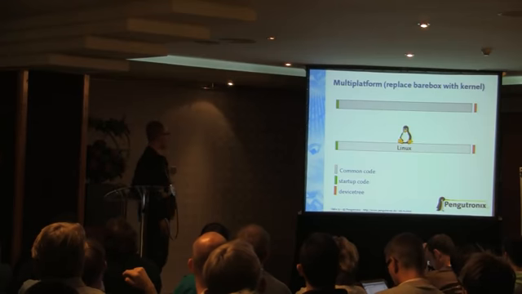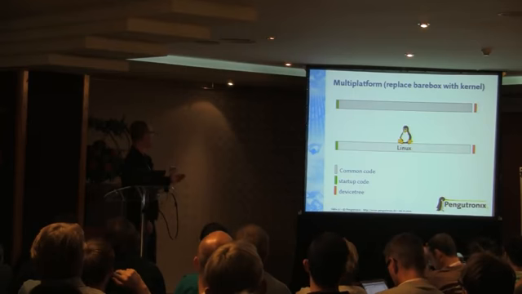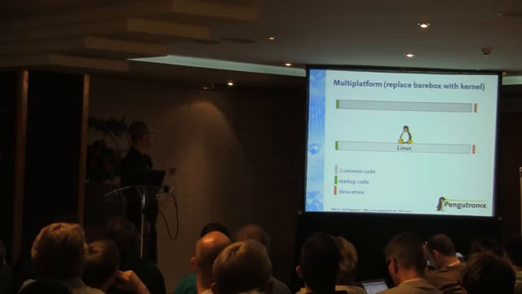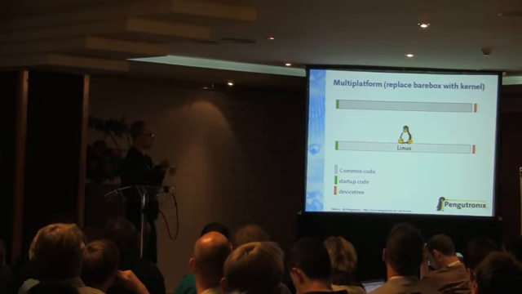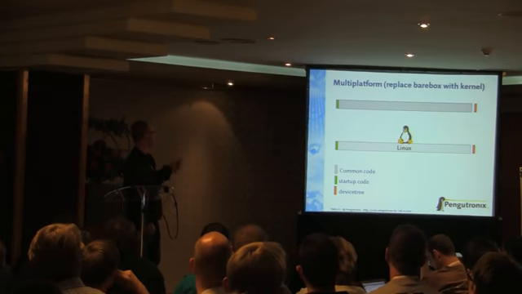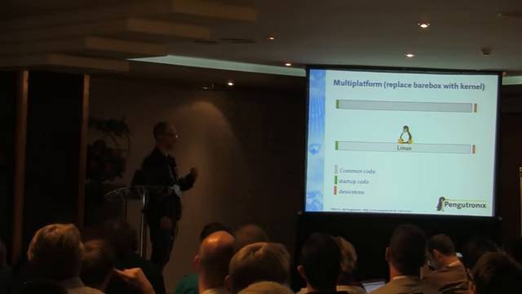And of course, if we already separated the common code and the startup code, and we would call the Barebox exactly like the Linux kernel, then we could use the Linux kernel itself in the next step.